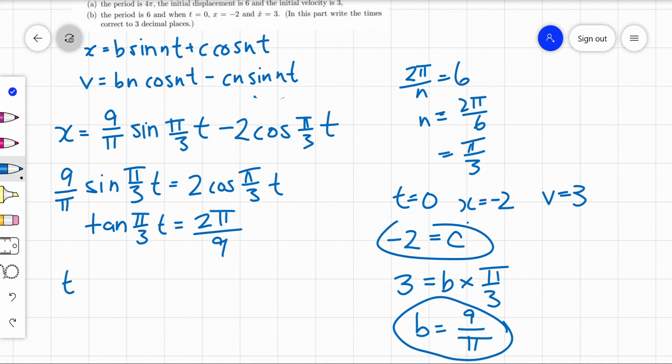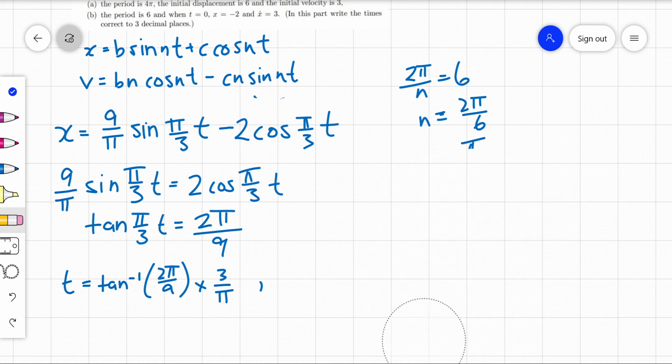First of all, we've got to inverse tan that 2 pi on 9, and then we multiply by 3 on pi to get t. For the second time, I take the inverse tan of 2 pi on 9, which gives me my first angle, and in the third quadrant, I add pi.